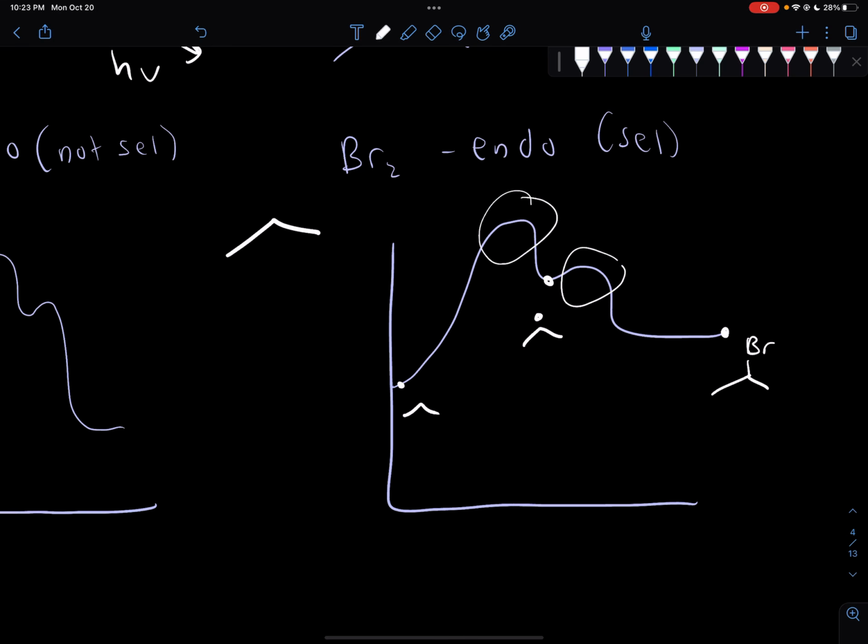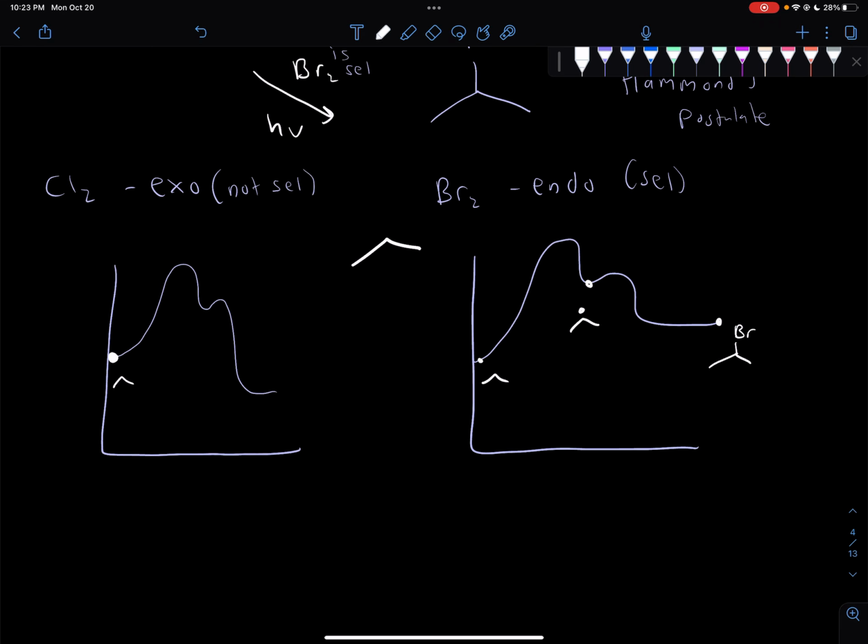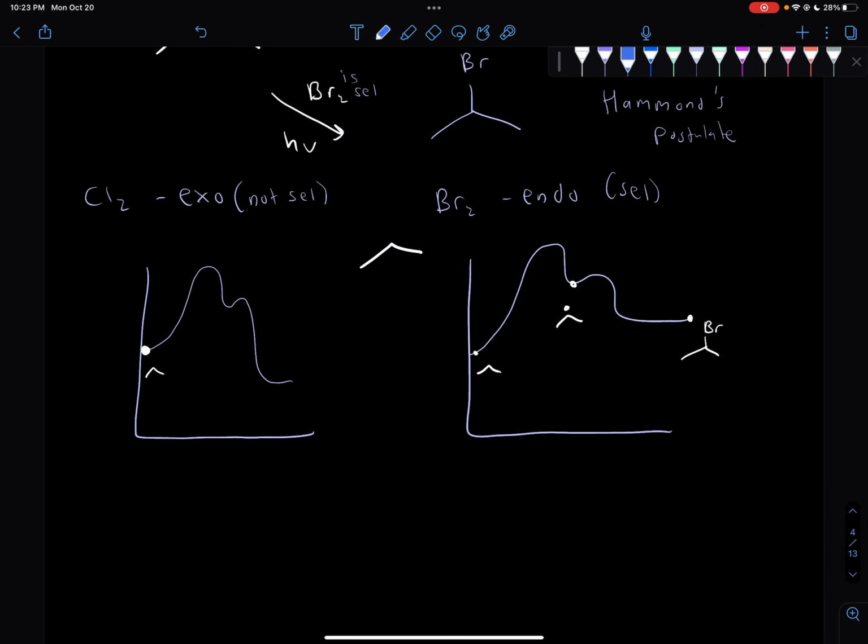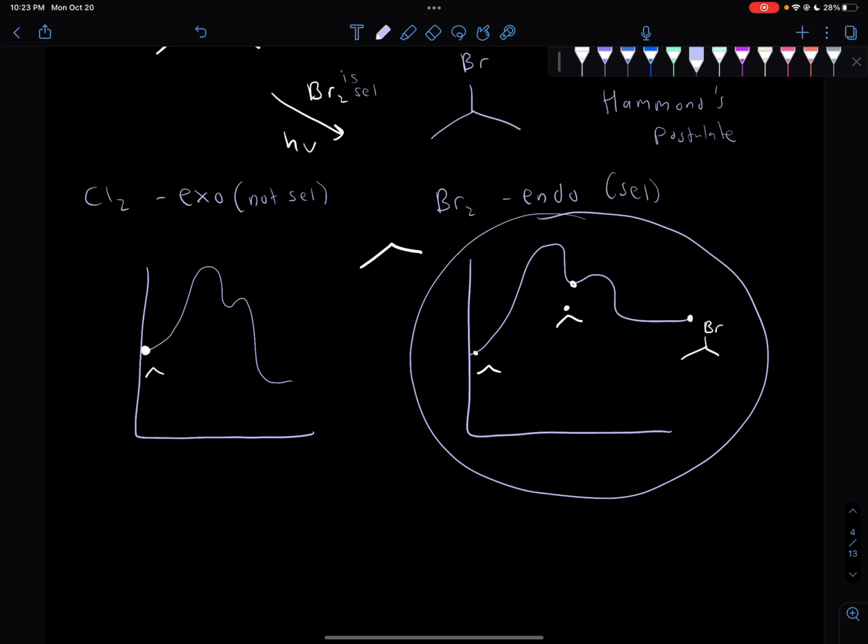Now, as far as what these two are, we have to go into a little more detail. But before we do that, before I get into the stuff that you potentially don't need to know, keep in mind that if you're asked to decide which graph is which, the exothermic two-step one is chlorine and the endothermic two-step one is bromine.